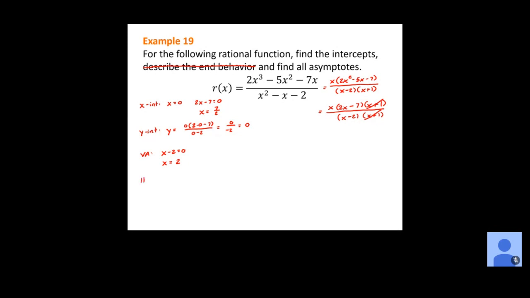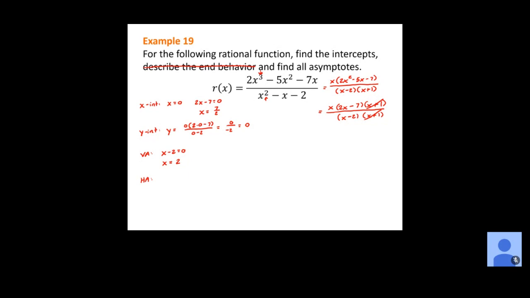All right. Horizontal. So how do we find horizontal asymptotes? Okay, so we have to look up here now at the original function, and we look at our degree in the numerator and the denominator, because we have rules here that tell us how many or what type of horizontal asymptote we're going to have.